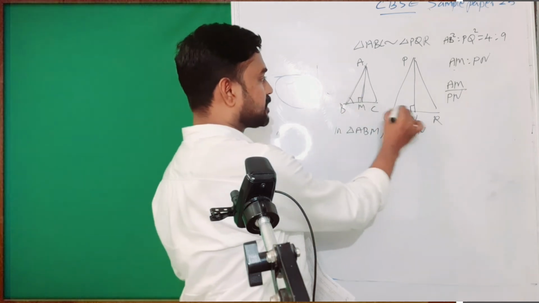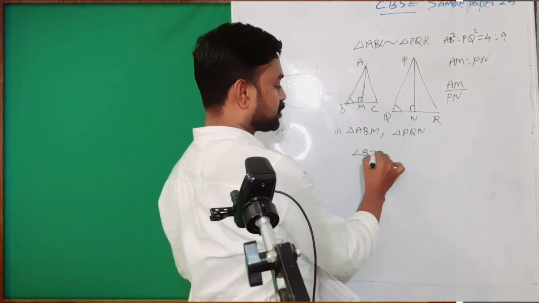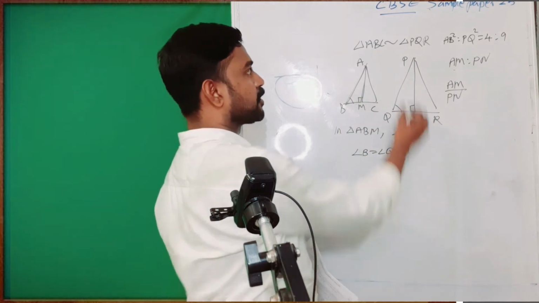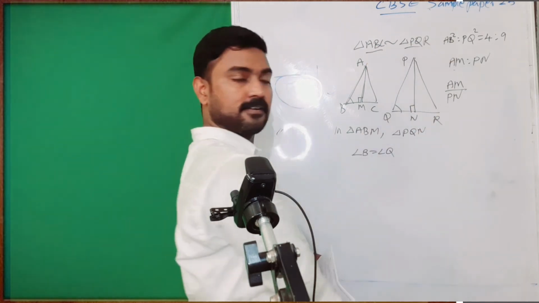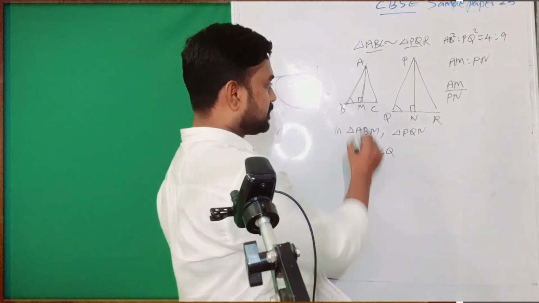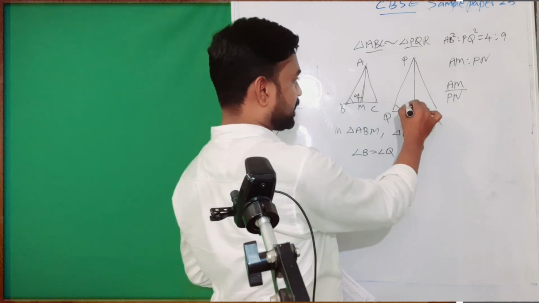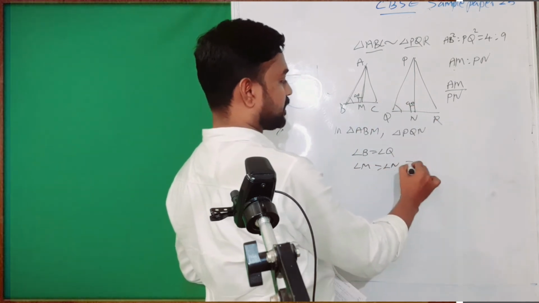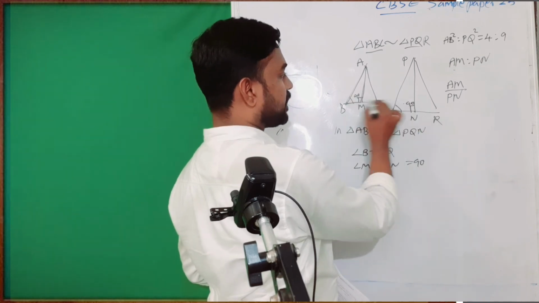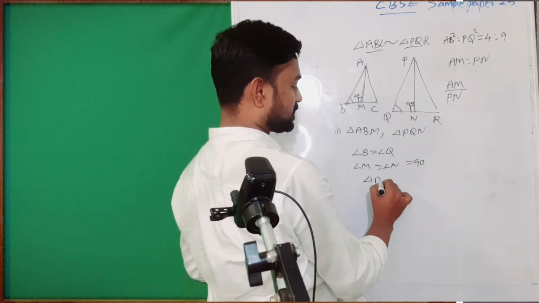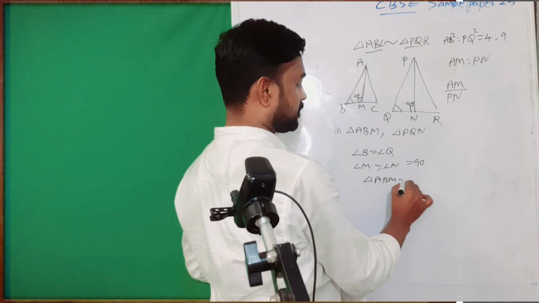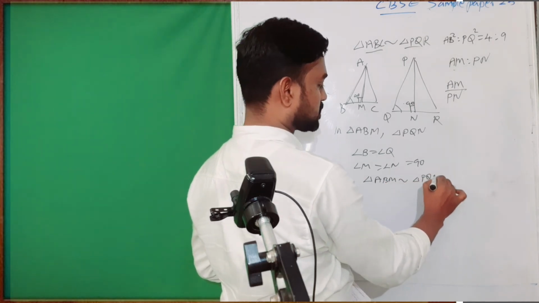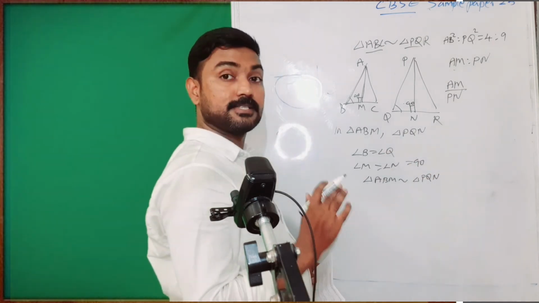Angle B is equal to angle Q, because they are parts of the bigger similar triangles. And this M is 90 degrees, this is also 90 degrees. So angle M and angle N are equal, both 90 degrees. So by the AA similarity rule, triangle ABM is similar to triangle PQN. The smaller two triangles are also similar.